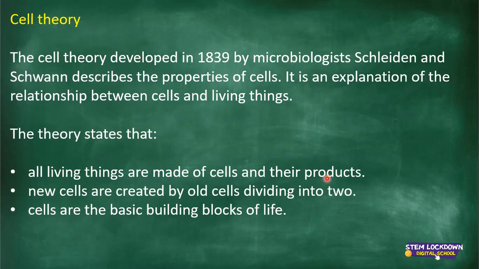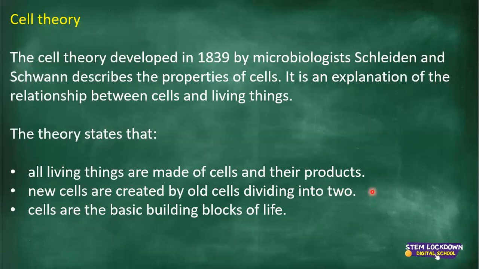Any living thing, no matter how different they may be, plants, animals, amoebas, yeasts, fungi, all of those are living things. It means they are made up of cells and their products. New cells then are created by old cells dividing into two. This is when you see the processes of meiosis and mitosis and binary fission, whereby the cell divides to make more and more cells, and there's the process of replication.